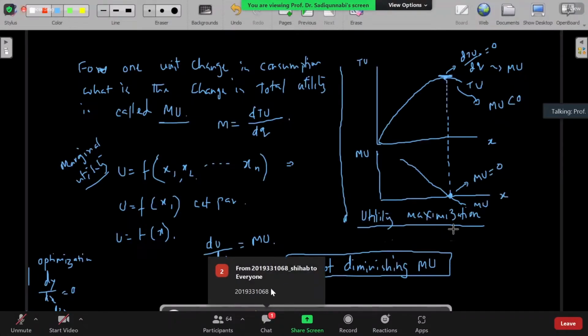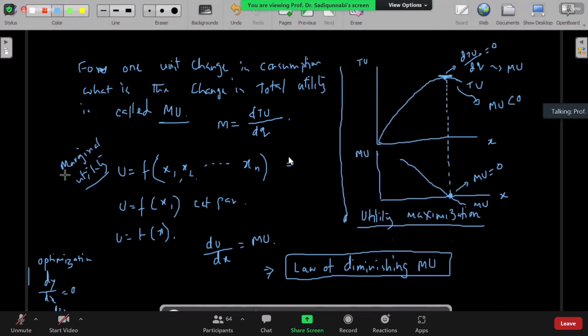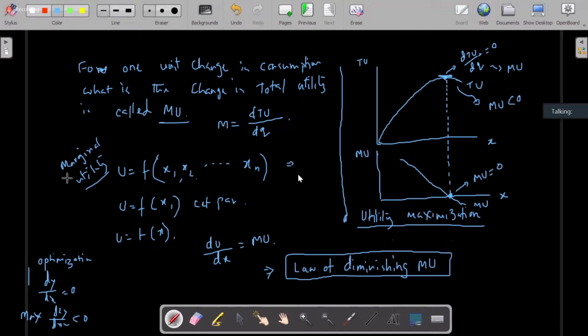Okay. So now we have seen the mathematical function of total utility. This is not marginal utility. This is actually total utility. Marginal utility is dU/dQ, and this is the TU function.